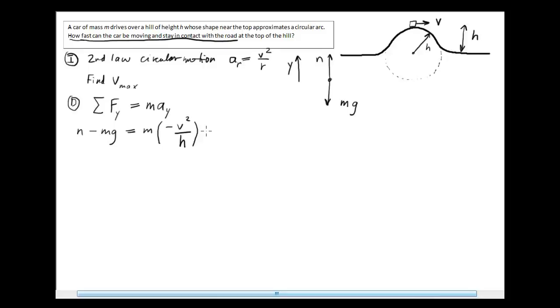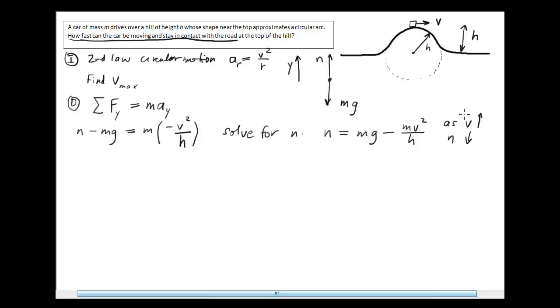So now we see that there's a relationship between the normal force and the velocity. Let me just solve for the normal force. Solve for N here. I'm going to add mg to both sides. So N equals mg minus mv squared over h. Something interesting about this is that it shows that as the car's velocity at the top increases, the normal force decreases.